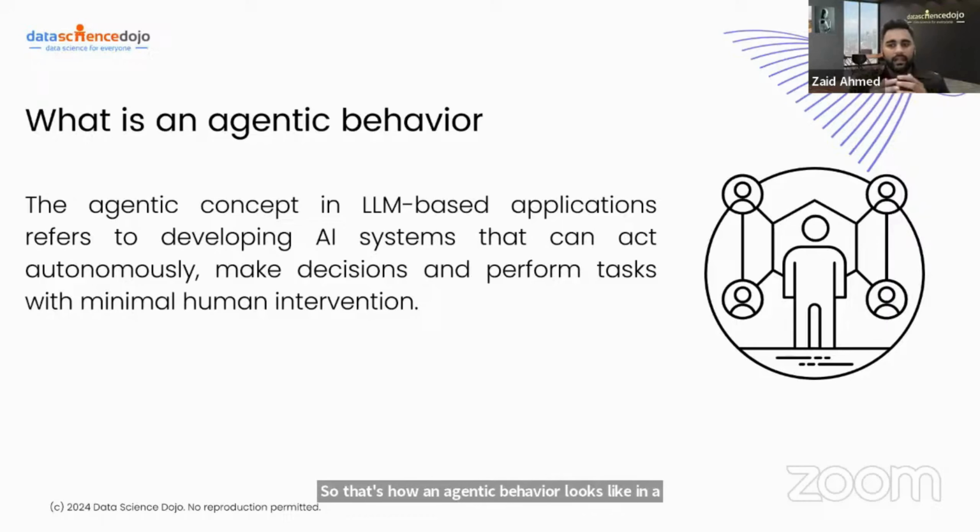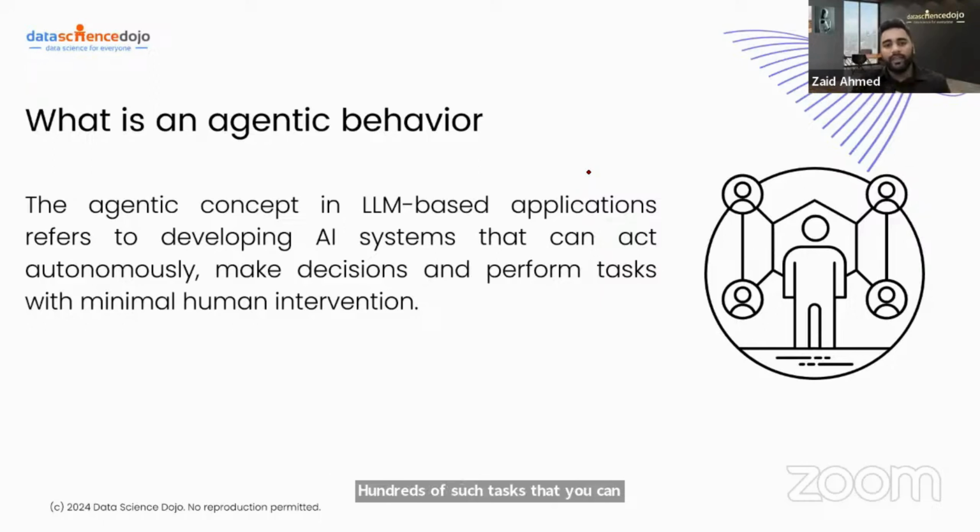It has this idea of acting autonomously, making decisions on its own, and performing tasks with minimal human intervention. As I mentioned before, you can think of hundreds of such tasks that you can automate with an agentic behavior.